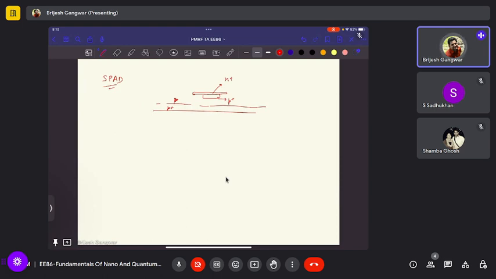So this will be N plus, P and P plus. This is the avalanche region of 1 to 4 micron, and this is a gate from which the photon can enter, approximately 10 to 100 micrometer wide.